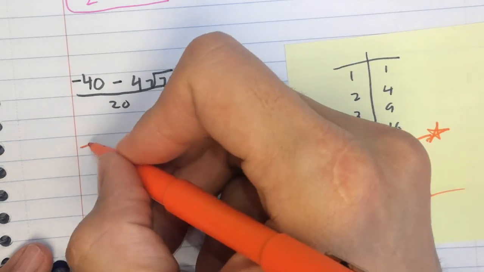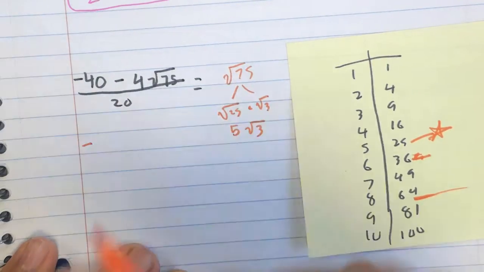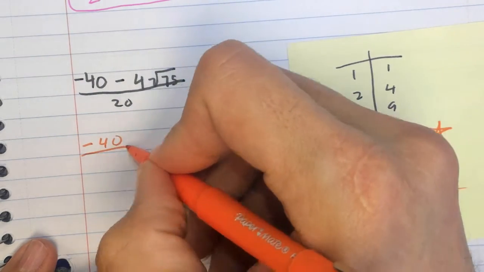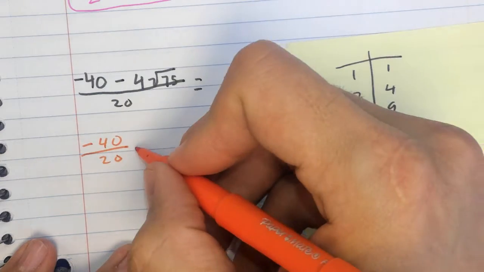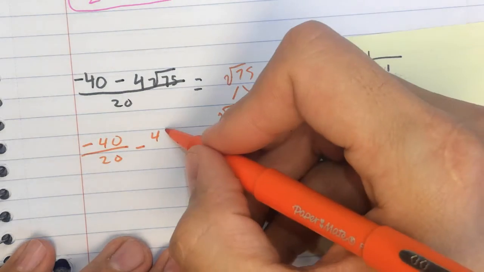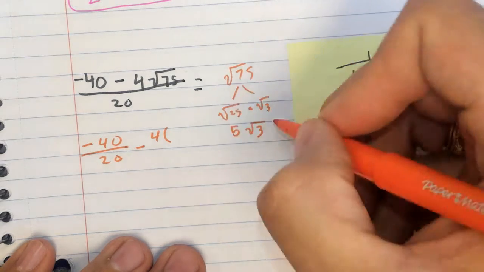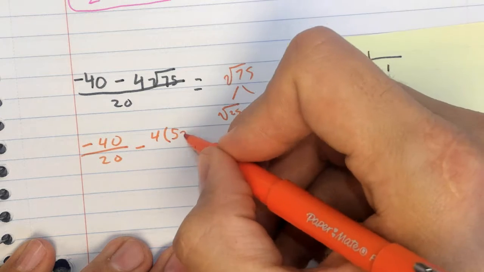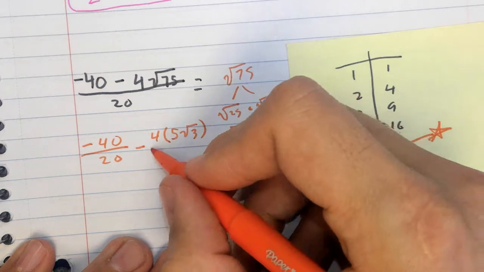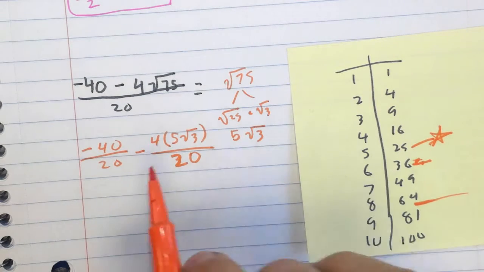So I'm going to go ahead and rewrite this. I can go ahead and just split that into 2. So negative 40 over 20 minus 4, and I'm going to include this in parentheses because we're going to need to do a little bit more work.